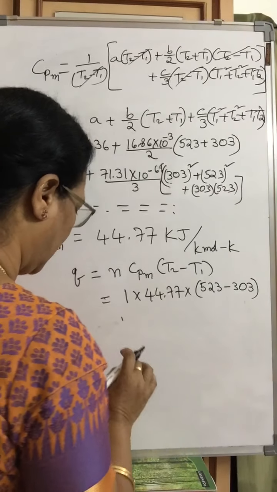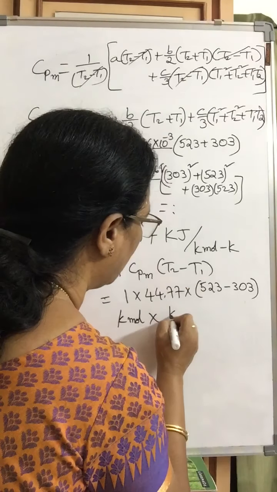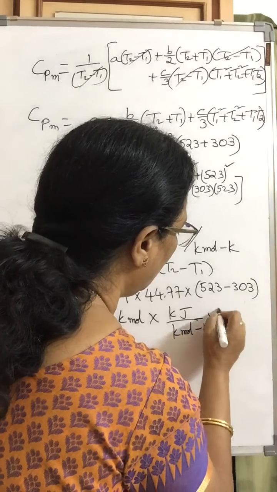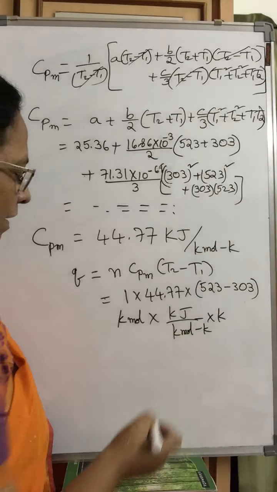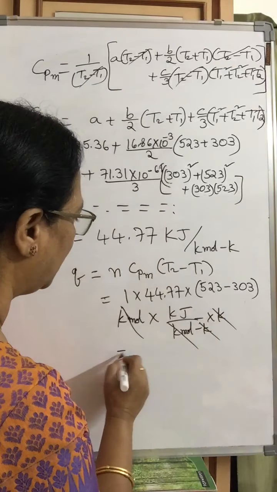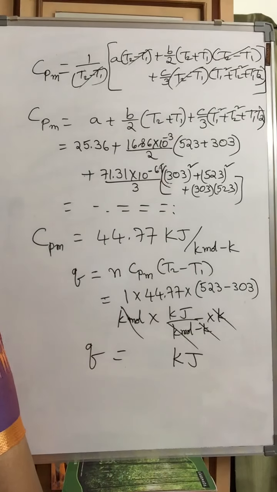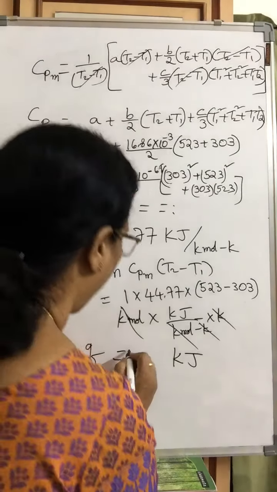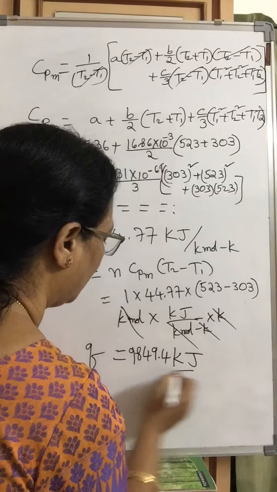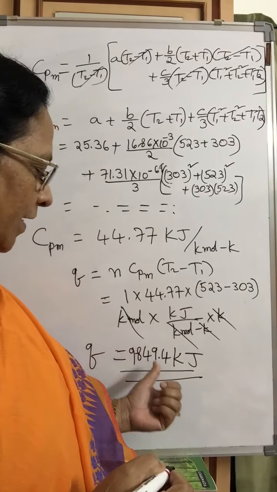These units are kilomole into kilojoules per kilomole Kelvin into Kelvin. Kelvin, kilomole cancel, and you will get so much of kilojoules. Q is equal to 9849.4. This is the answer. This is the quantity of heat to be added.